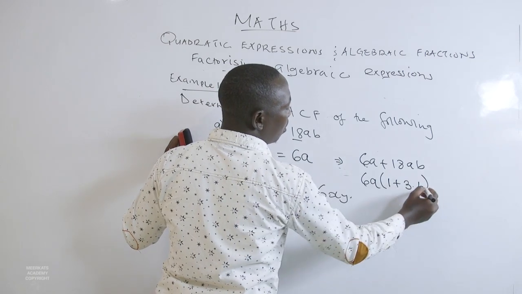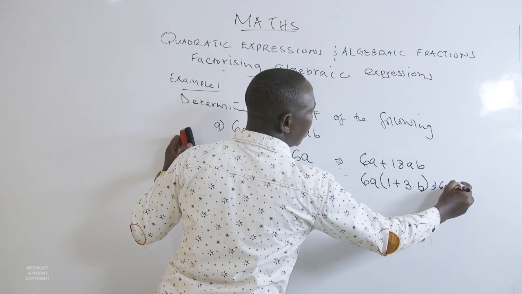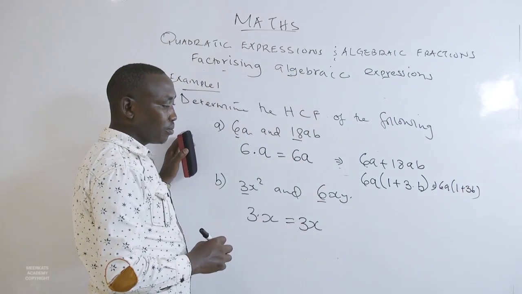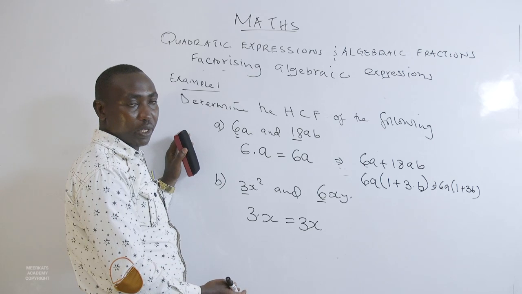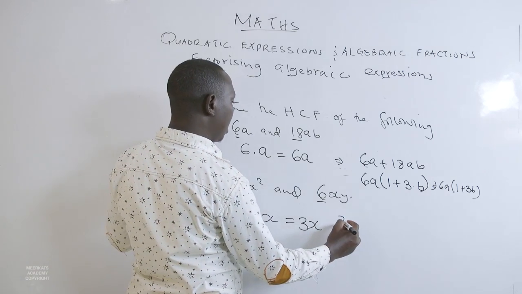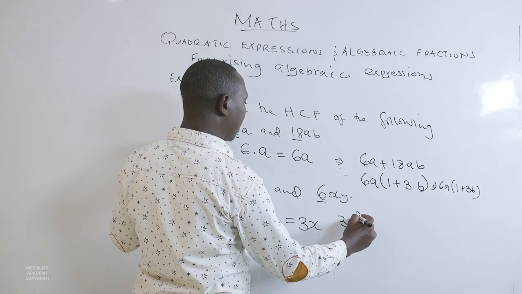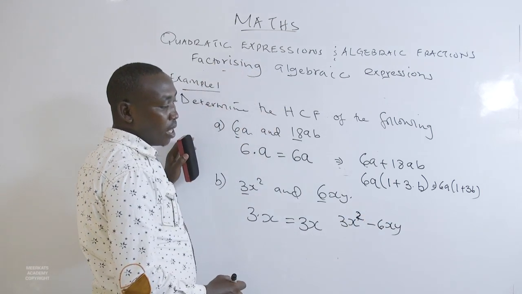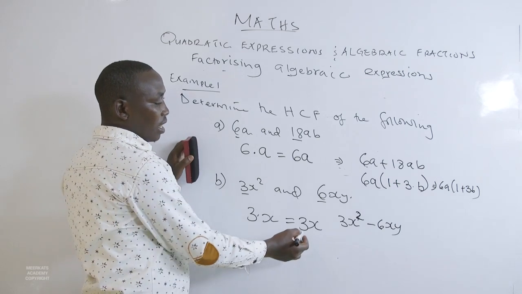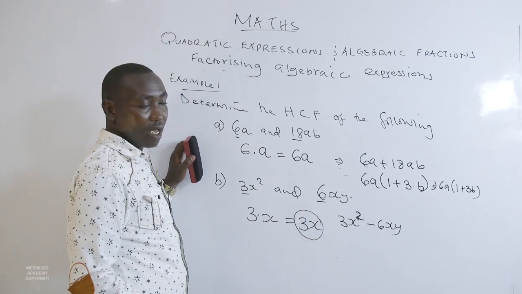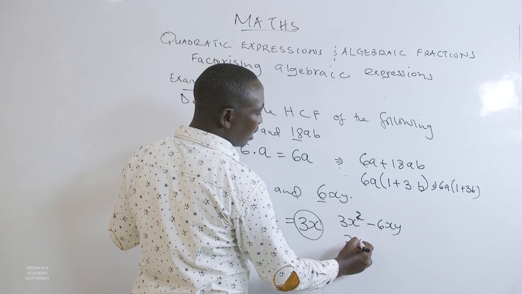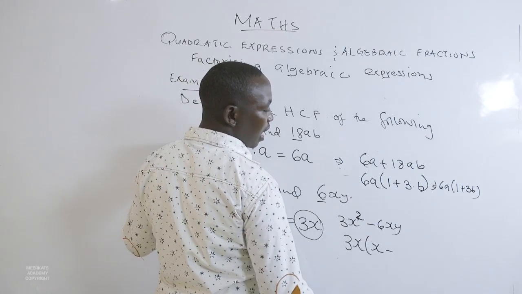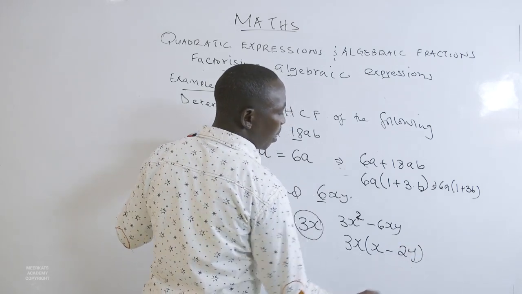So this will be 6a into 1 plus 3b. The same could have been used here, where you are told factorize 3x squared subtract 6xy. You have identified that the highest common factor is 3x. So we factor out 3x. 3x goes into 3x squared x times. 3x goes into 6xy twice y.